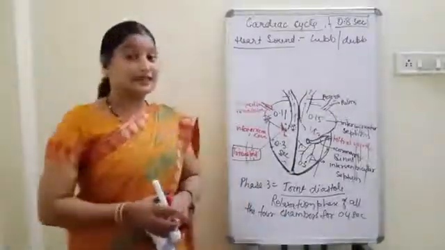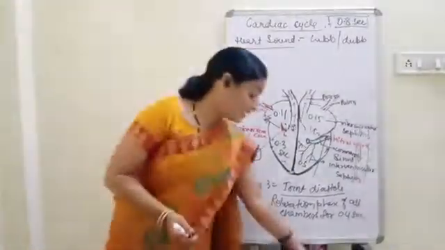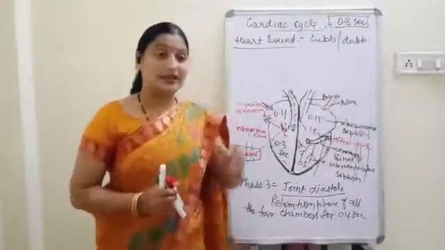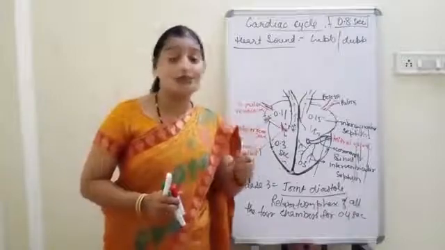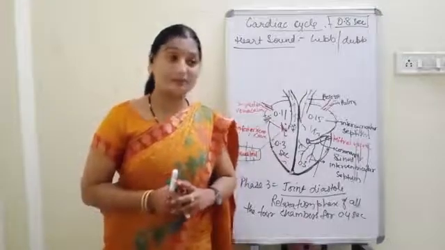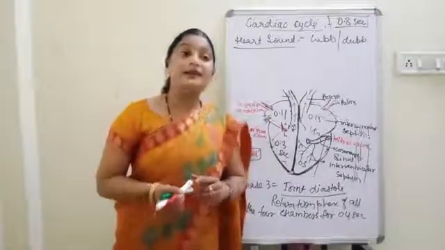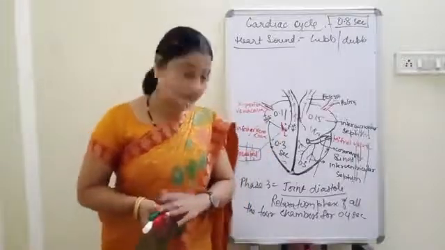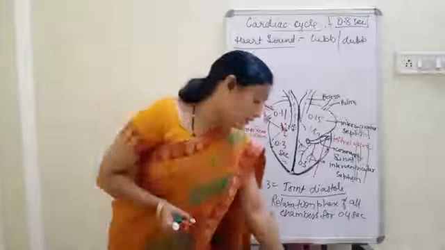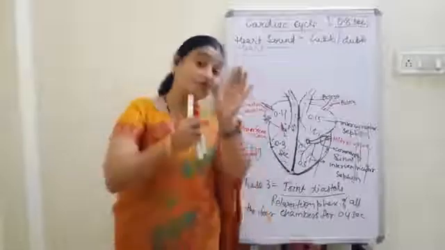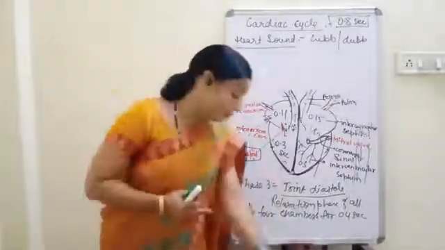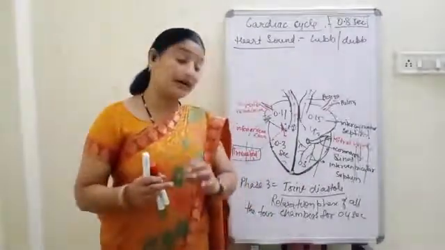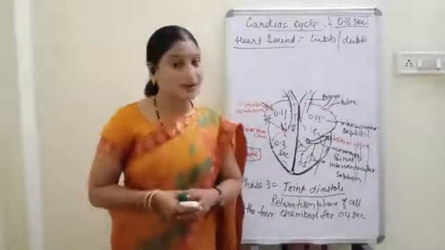Next is pulse rate. Okay, now after this rhythmic contraction and relaxation, we can count the pulse rate also. So we can say that the heartbeat is same as the pulse rate. So, rhythmic contraction of heart is also felt in the arteries, in the form of pulsation or regular jerk, and this is called the pulse.